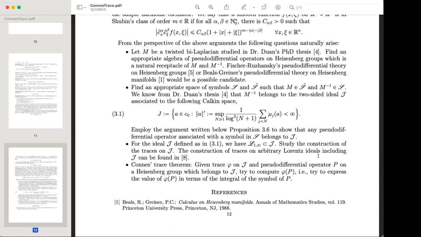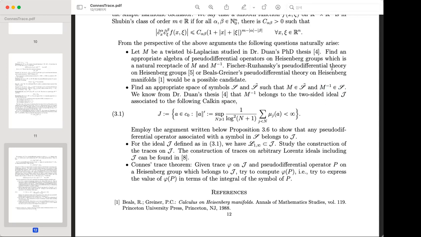So we can try to evaluate the Dixmier trace of such pseudo differential operator which has the symbol in the same symbol space which has the symbol of the inverse of M.